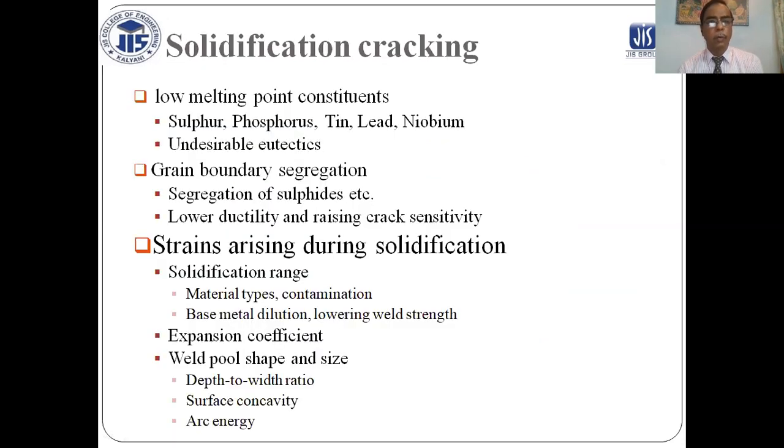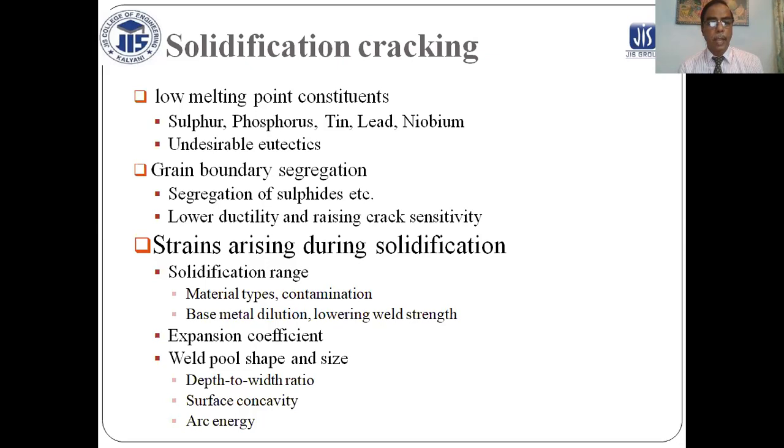Solidification cracking: per the solidification diagram, low melting point constituents such as sulfur, phosphorus, tin, and lead form undesirable eutectics at grain boundaries, with segregation of sulfides, lowering ductility or raising crack sensitivity, with strain arising during the solidification range.